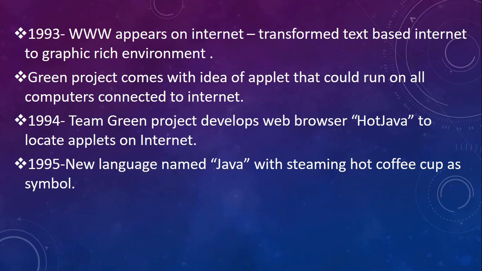Now it was known in the US that very good quality coffee beans are imported from a place called the Java Islands. So being very fond of coffee, they named the language Java, and the symbol became the steaming hot coffee cup.